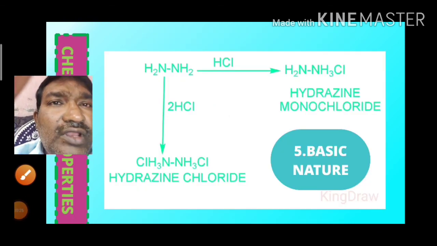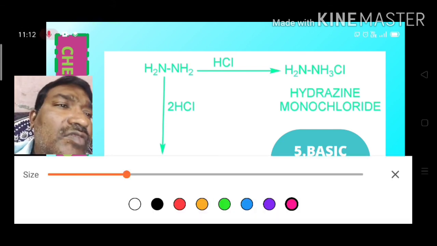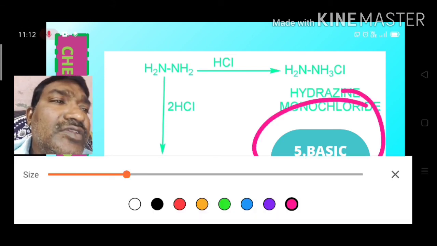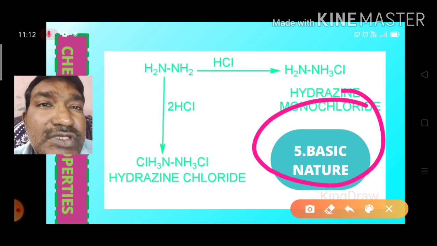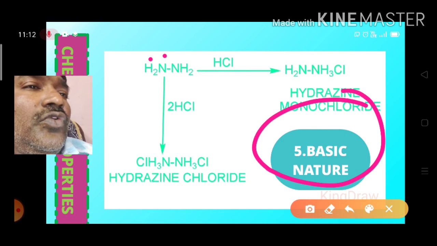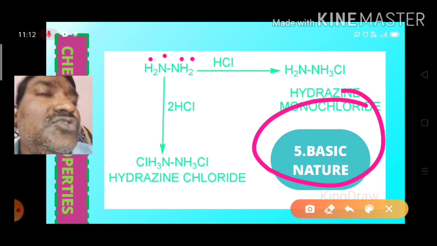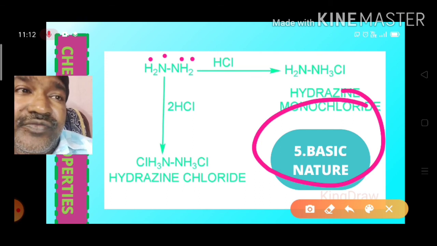Look here. Next, we go for the basic nature of hydrazine. We know very well that any substance that has lone electron pairs on it acts as a base. So in hydrazine we have two lone pairs on the two nitrogen atoms. So that's why they may act as Lewis bases.